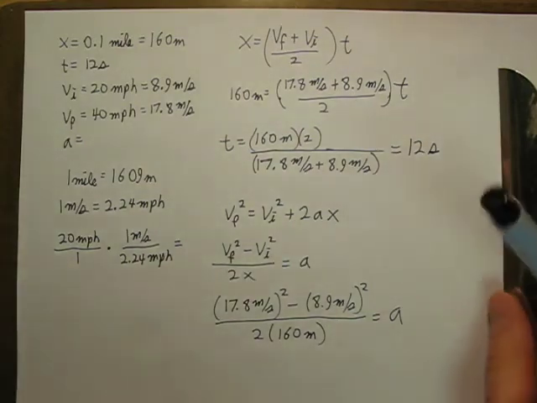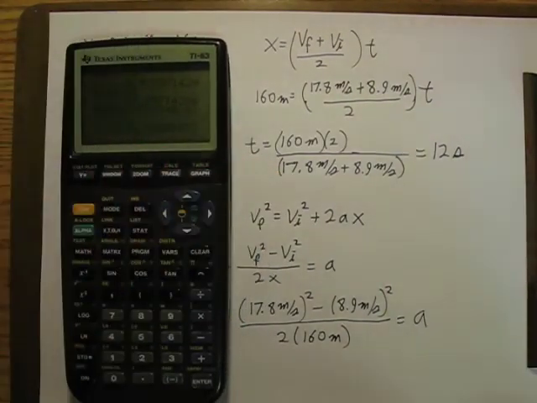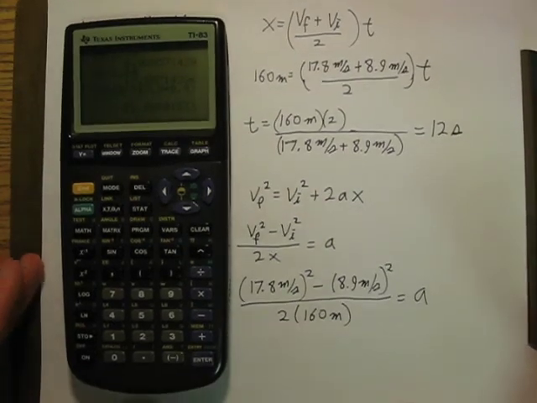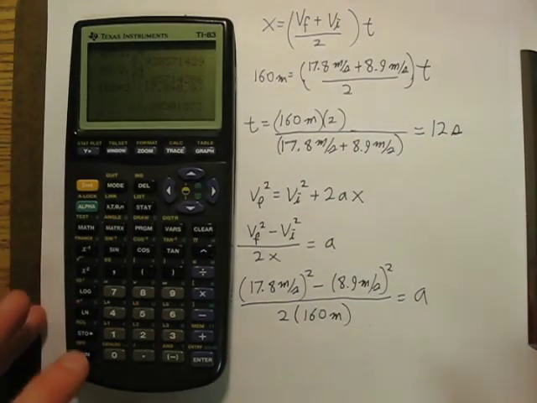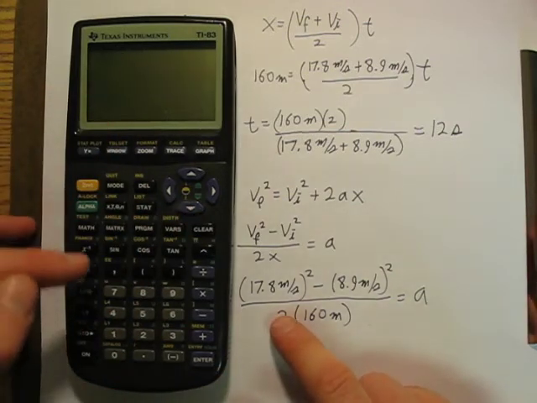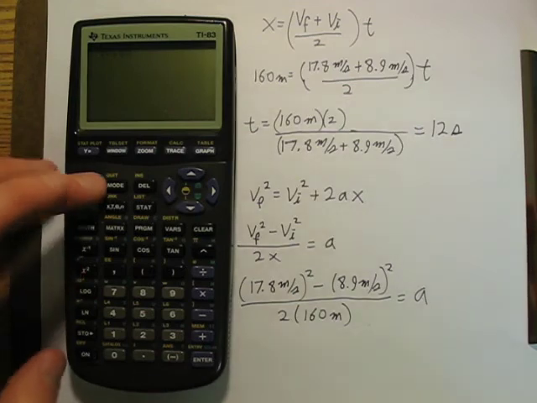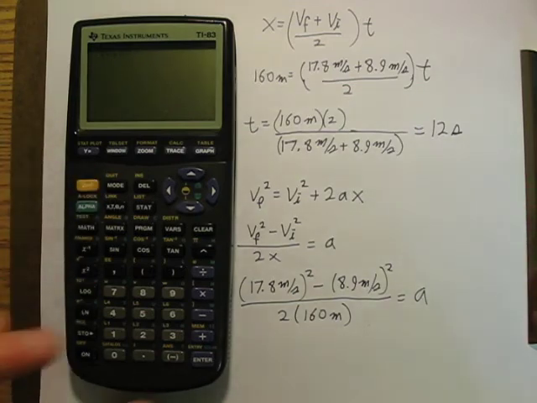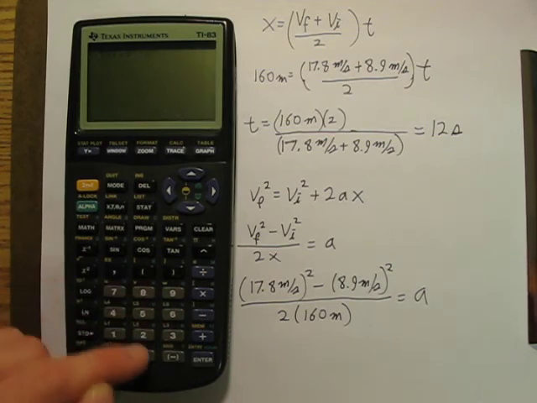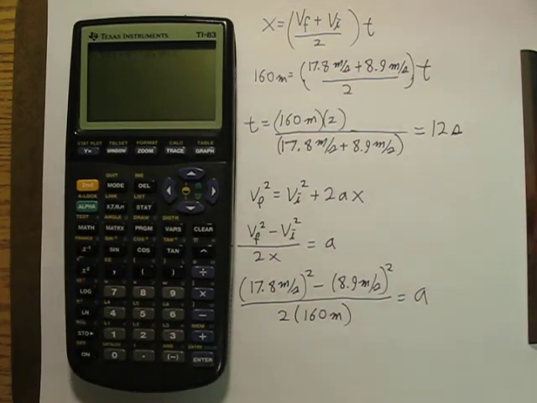Running out of time, so we're going to do this a little bit quick. Pay attention to how I plug this into the calculator, because this is going to go by fast. I'm going to need parentheses for the numerator: 17.8 squared minus 8.9 squared. That takes care of my numerator.